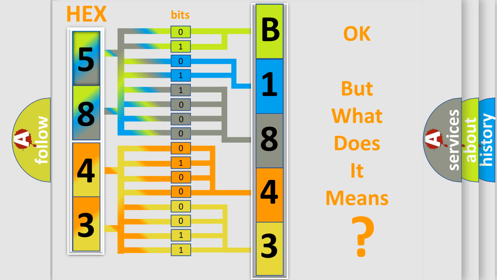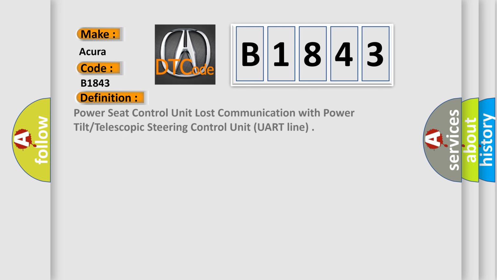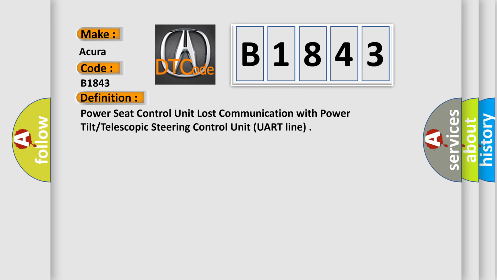The number itself does not make sense to us if we cannot assign information to what it actually expresses. So, what does the Diagnostic Trouble Code B1843 specifically mean for Acura? The basic definition is: Power Seat Control Unit lost communication with Power Tilt Telescopic Steering Control Unit (UART) line.